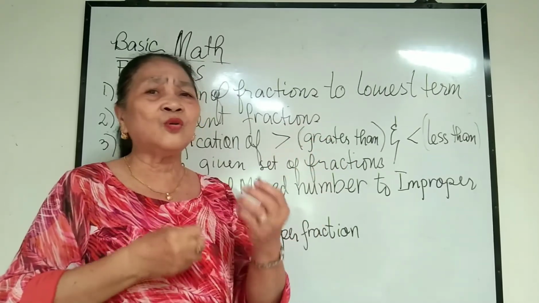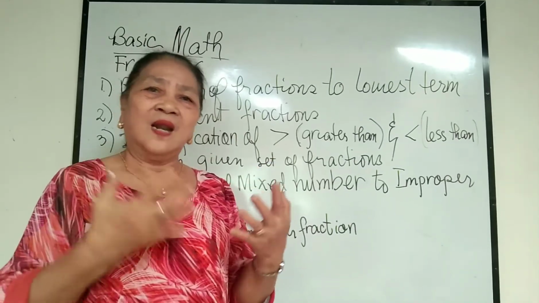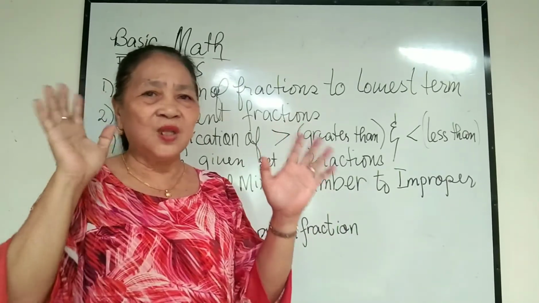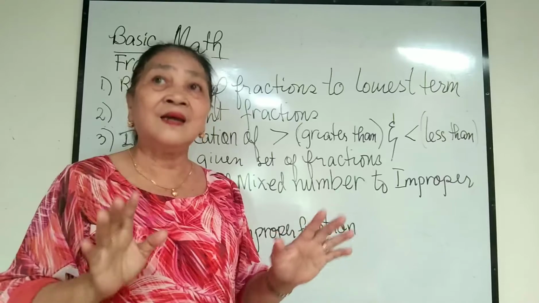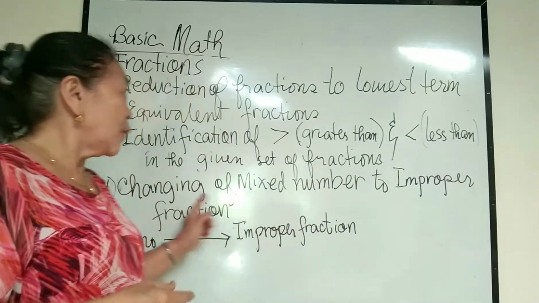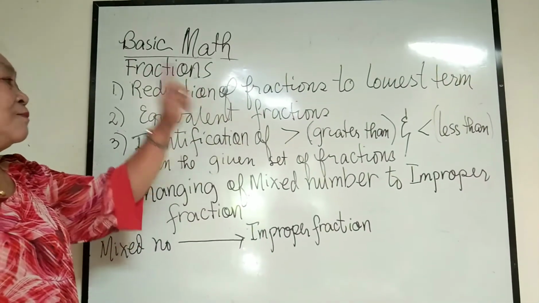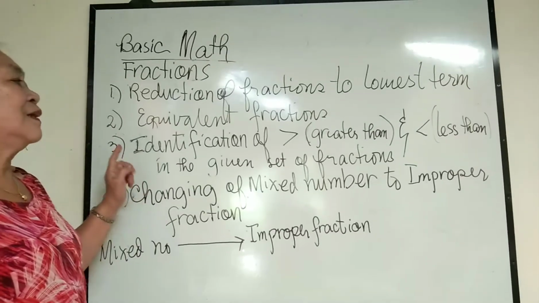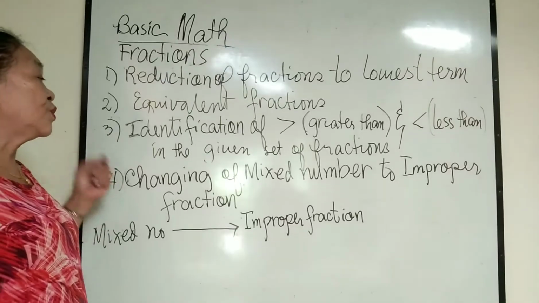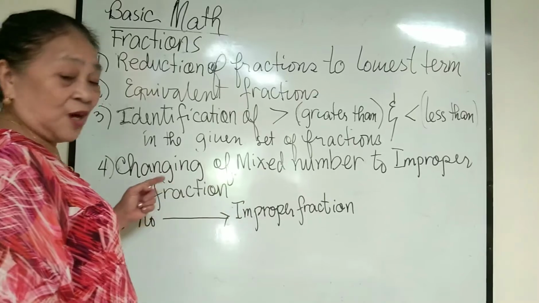Not all the time you are going to fold, but that will only give you why 1/2 is greater than 1/3. Many times we have to think it and analyze the given set of fractions. So we are done with reduction, equivalent, identification of greater than and less than in the given set of fractions.